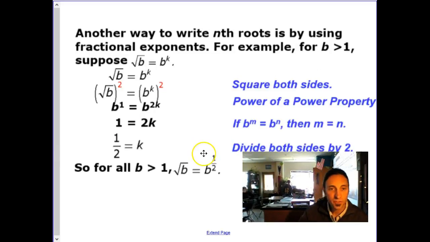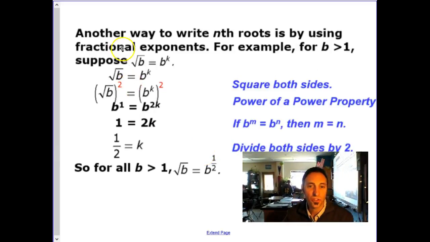What might look a little different is this way of writing it. Another way to write the nth root is by using fractional exponents. And then I'll show you how to do this on the calculator as well. For example, for any number b greater than 1, if you took the square root of it, how would you write this as an exponent? Well, what you're really saying is, what number squared would be its root?